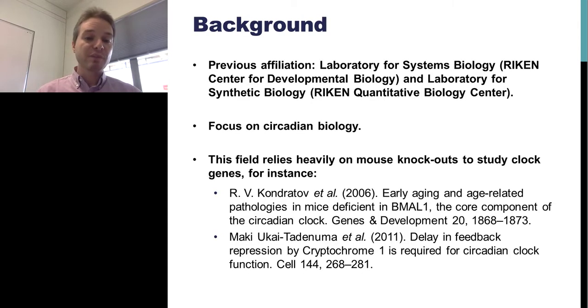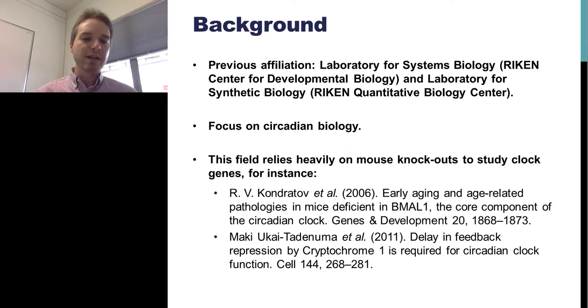So just to give you some initial background, I'm currently based at Queensland University of Technology in Australia, but I started working with CRISPR when I was in Japan in a group that is focused on circadian biology and sleep.